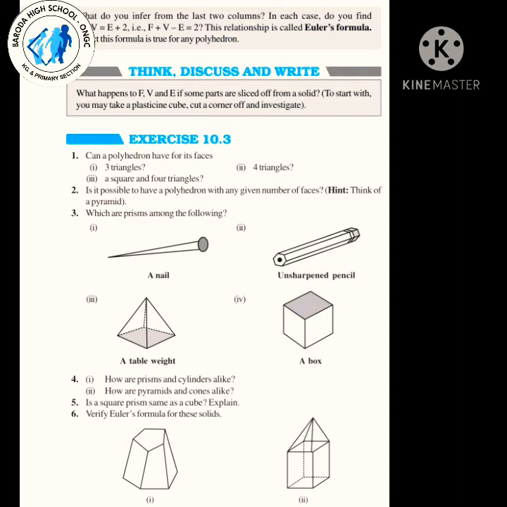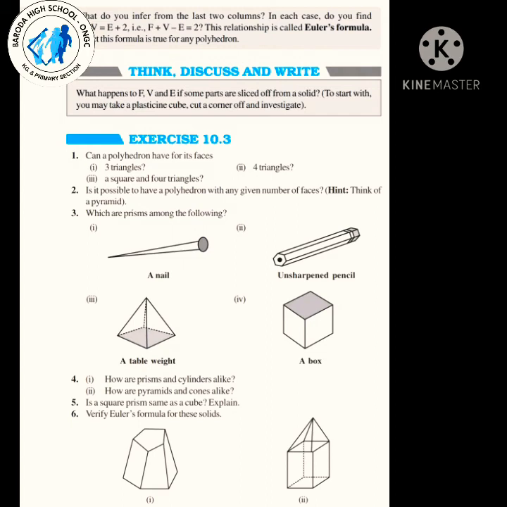Now a cone can be a circular pyramid, meaning a pyramid with a circular base. We have seen the pyramid is known by its base. So this way it can be similar. Question number 5. Is a square prism the same as a cube? Imagine a square prism and you will identify it as a cube only.